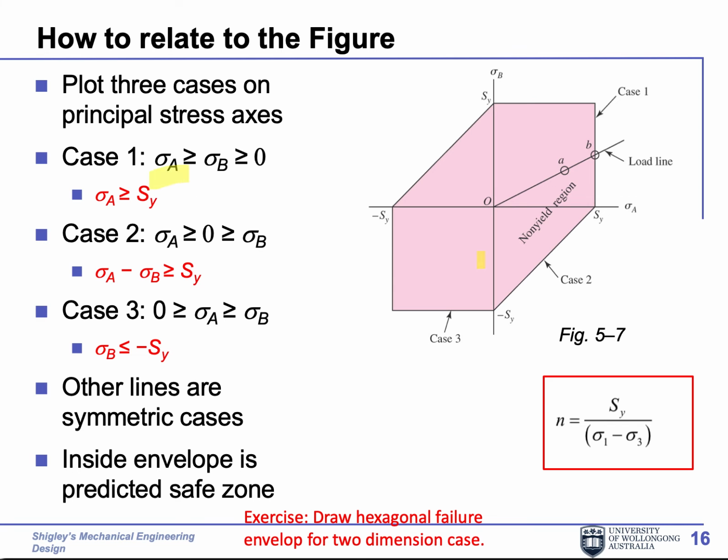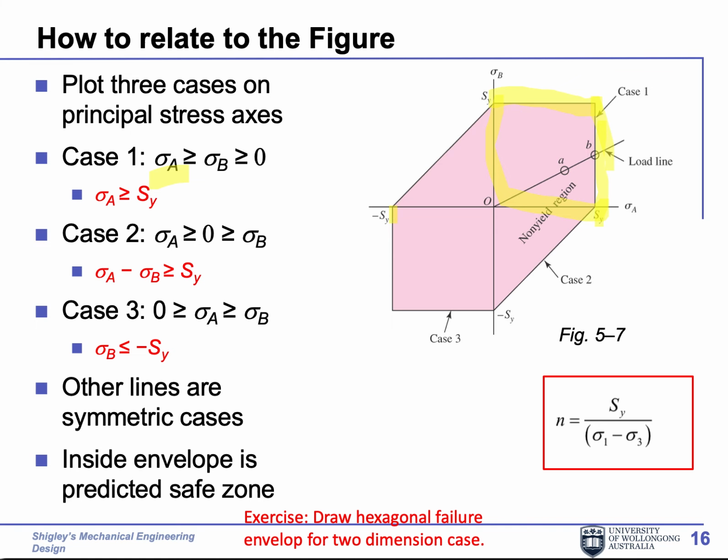In this case sigma A is our limit. The reason is because the other one is 0, so we use sigma A minus 0. That's our limit. If sigma B is larger than sigma A, then sigma B is our limit. That's why we got a square box in quadrant case 1.